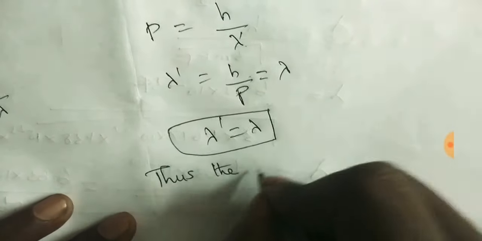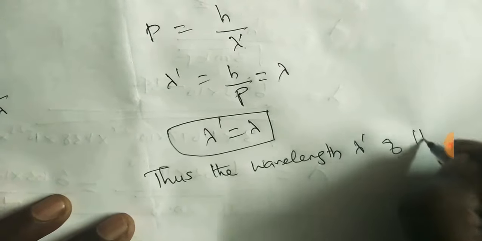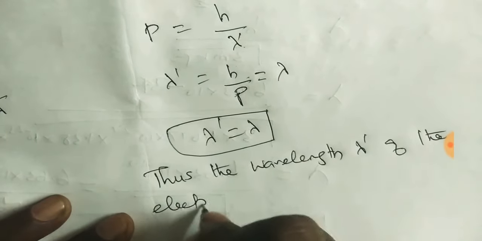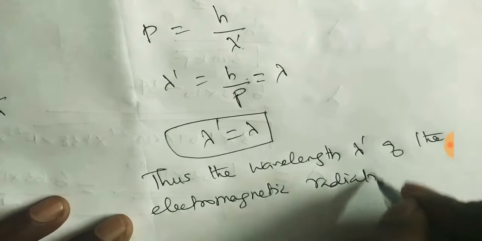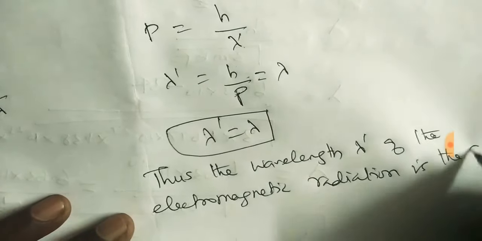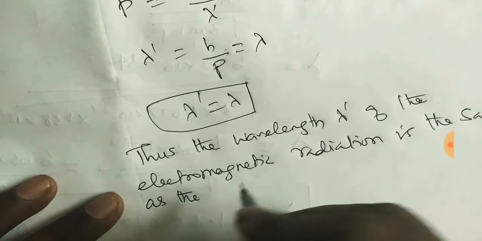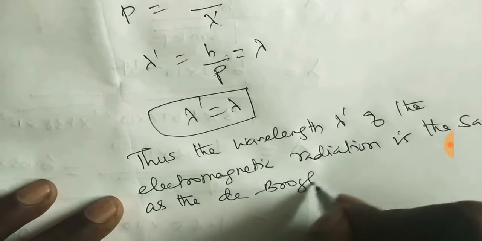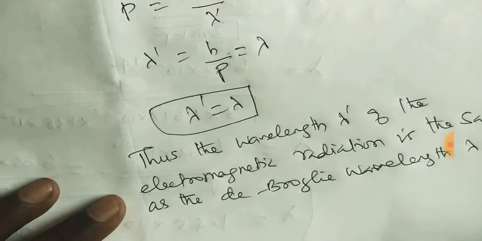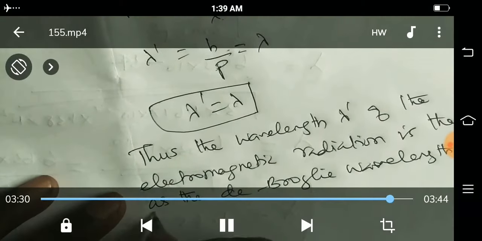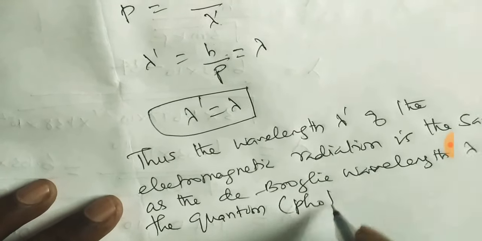Thus, the wavelength lambda dash of the electromagnetic radiation is the same as the de Broglie wavelength lambda. We proved that both the lambdas are the same, for the quantum or photon. Okay, children, very easy.